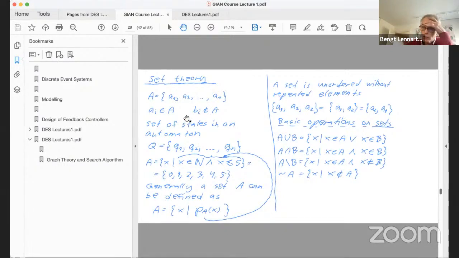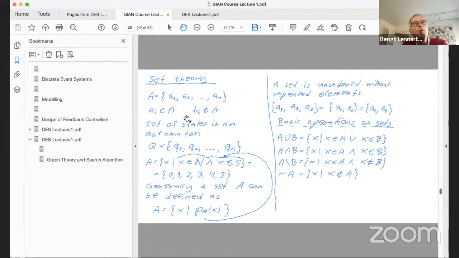So then finally, some words about set theory. And that is, on the other hand, a very central part in the course, because we will work with a lot of set definitions later on. So first we say that a set just includes a number of elements.